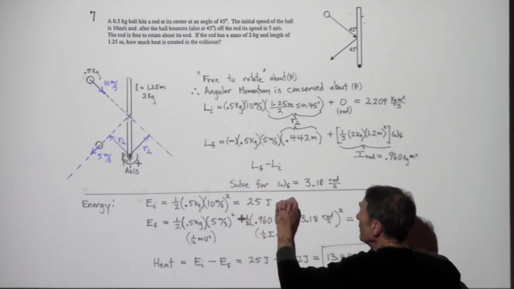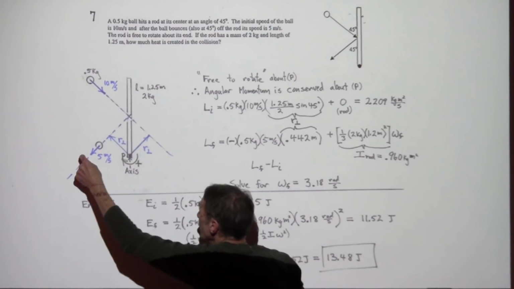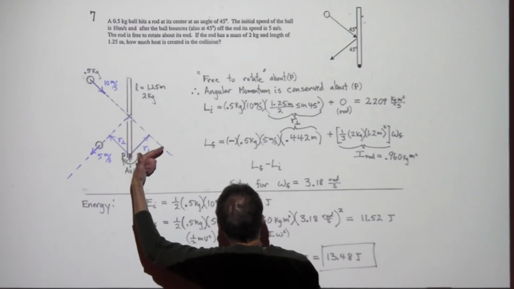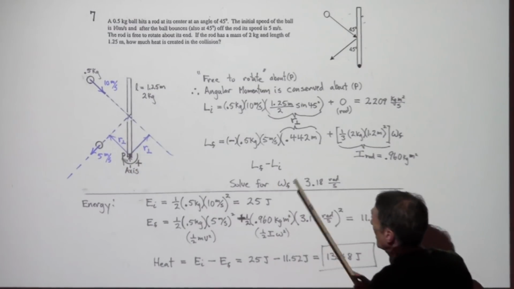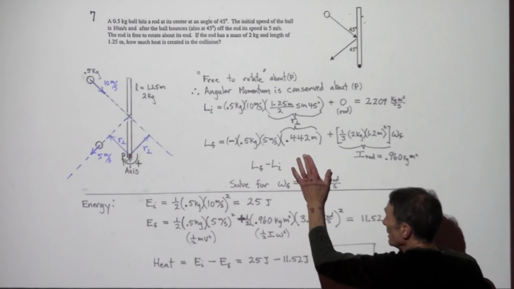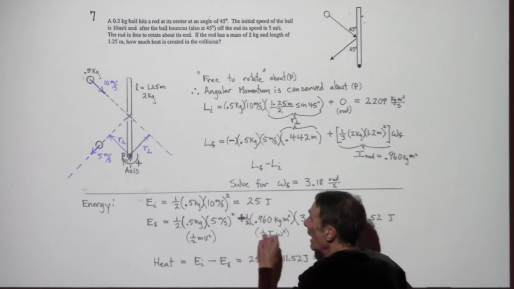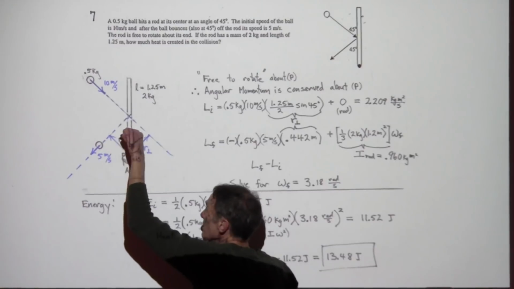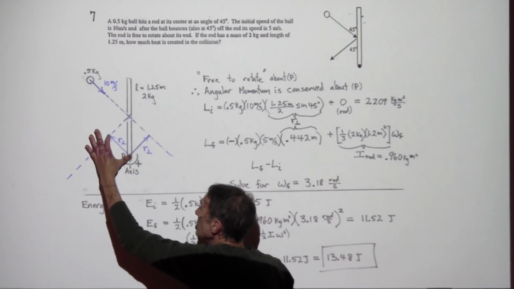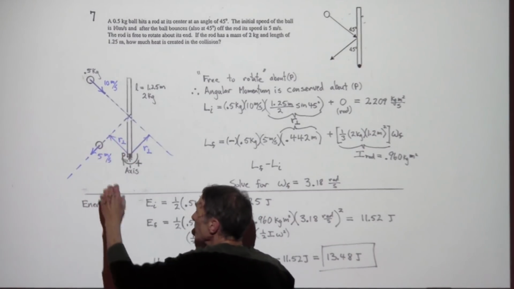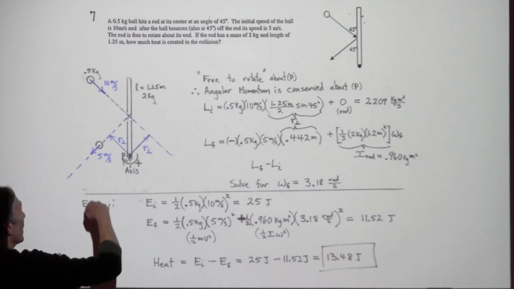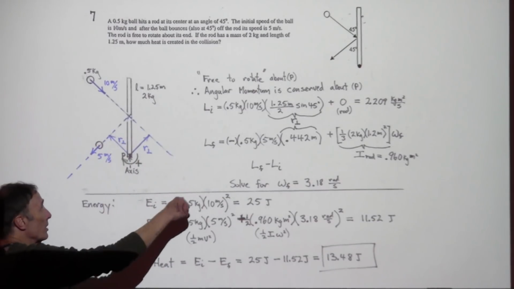And then it's going to go off here, and then the stick is also going to be rotating. So the final angular momentum has two parts to it. There's this ball that's going off, times its momentum, times this r perpendicular. It wants to rotate it the other direction.